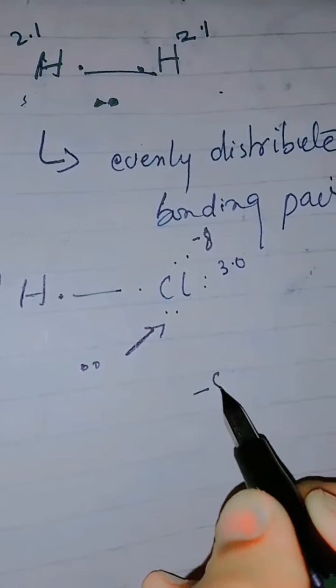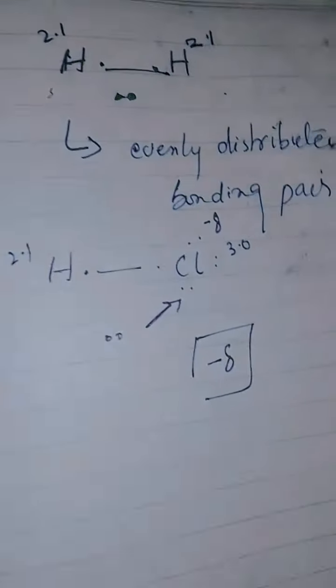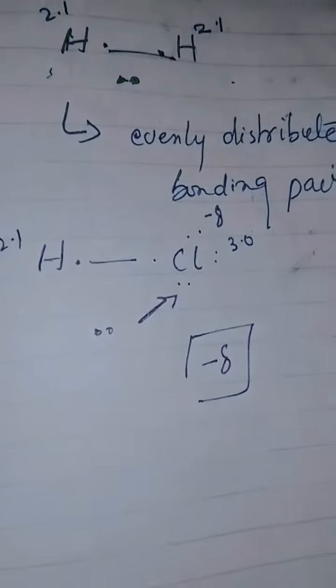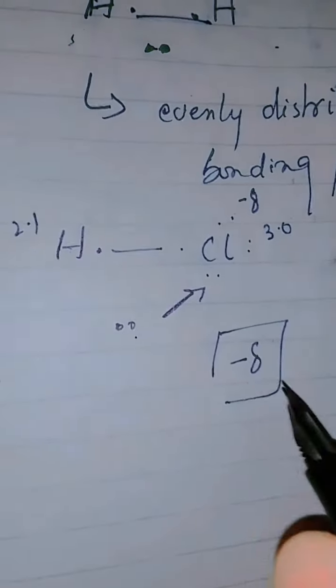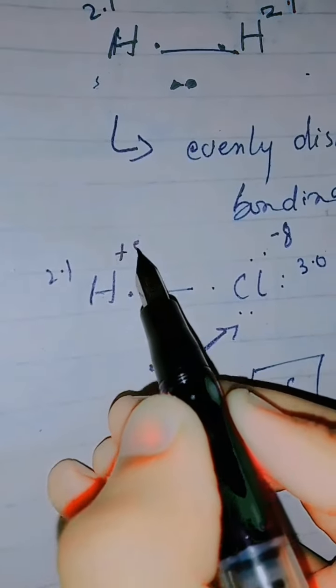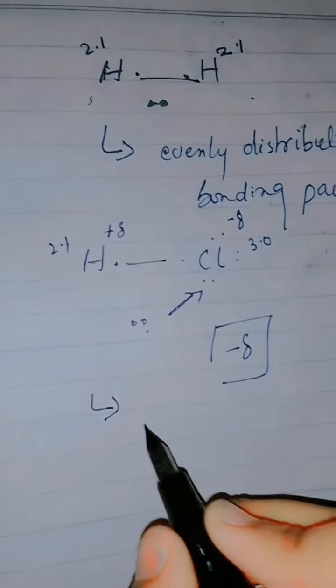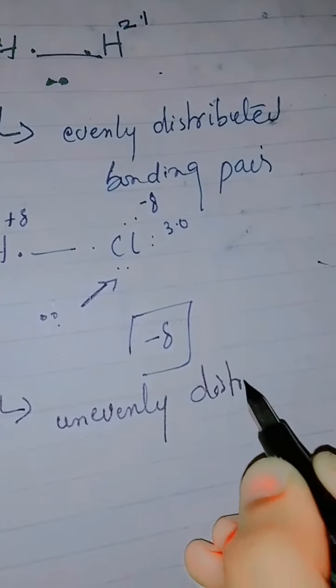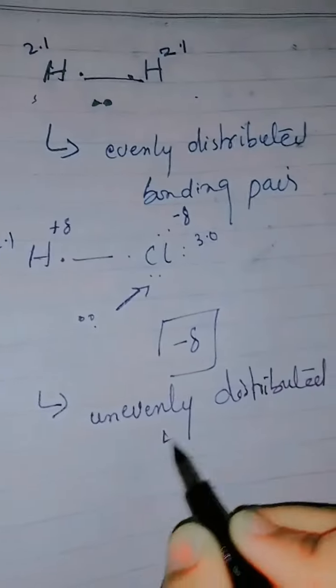Because the electrons are attracted towards chlorine, there will be a negative charge, but it is not completely attracting them. Somehow the electrons are going towards chlorine, so there will be a partial negative charge on chlorine, and on hydrogen there will be a partial positive charge. And that type of bonding is called an unevenly distributed bonding pair.